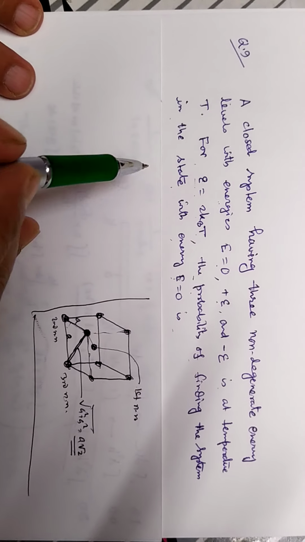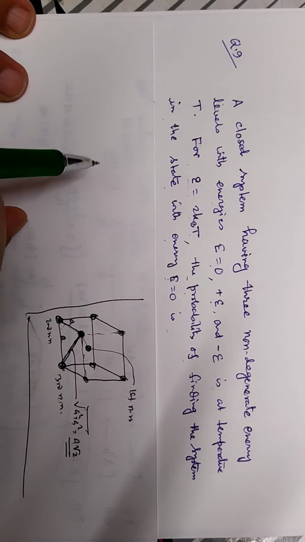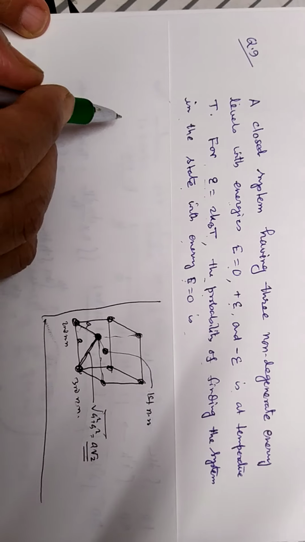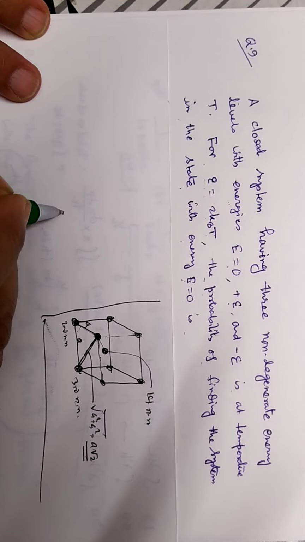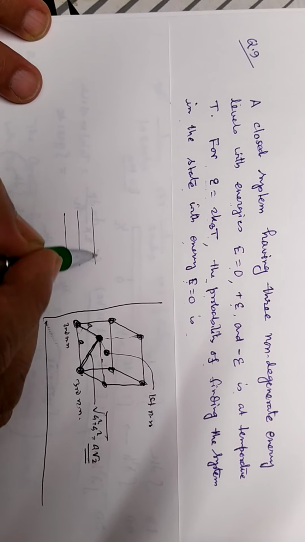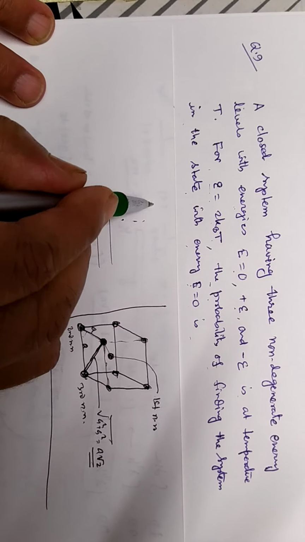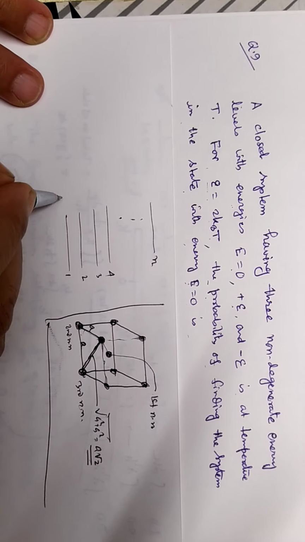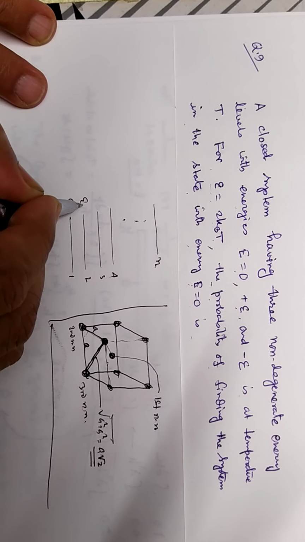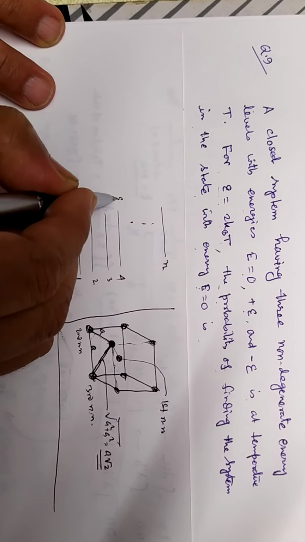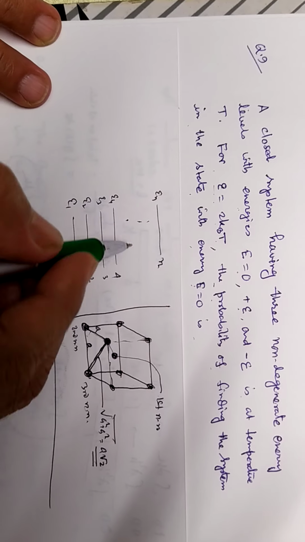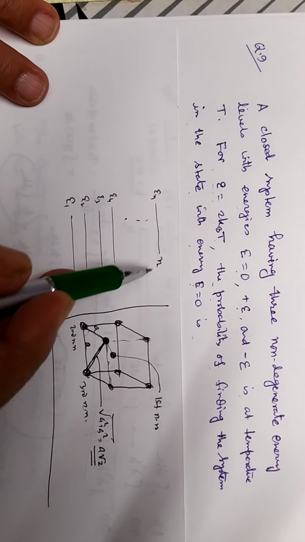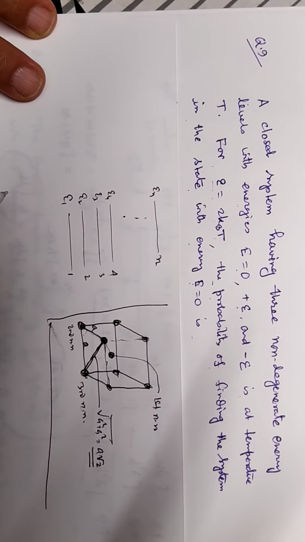This is a very common problem and it often appears in the NET examination. Now suppose I have a system of n energy levels, 1, 2, 3, 4 and so on up to n. This is energy E1, this is E2, this is E3, this is E4 and this is En. These are the energy levels, so n energy levels are there.